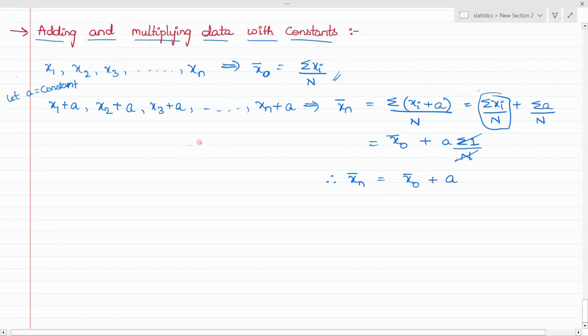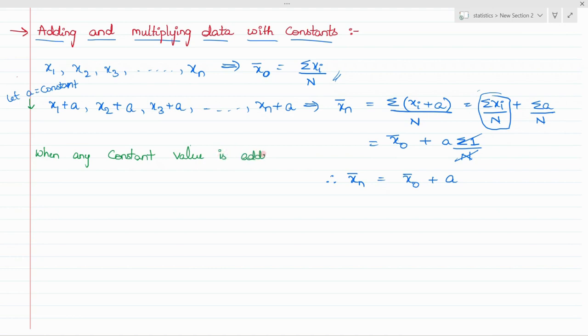So one thing you need to remember over here is, when any constant value is added or subtracted, then the new mean will also get added by the same constant value.